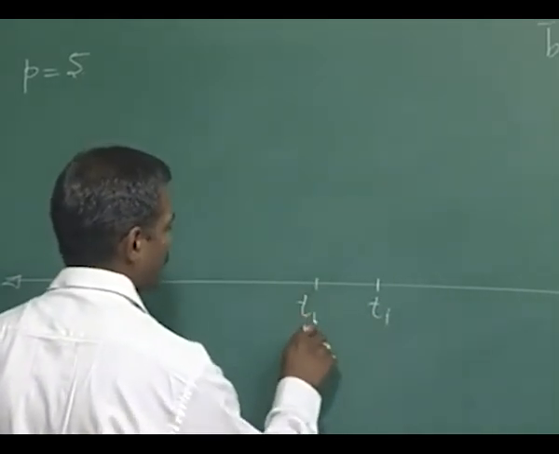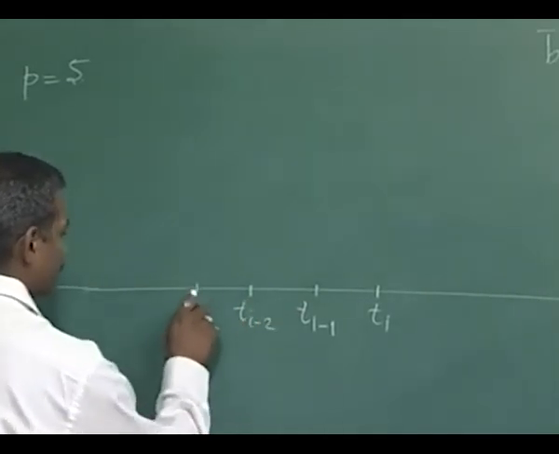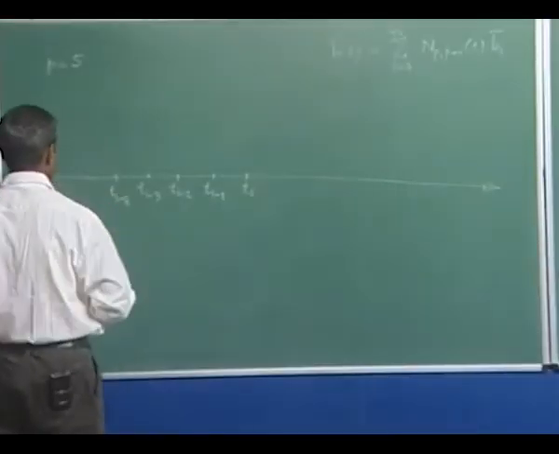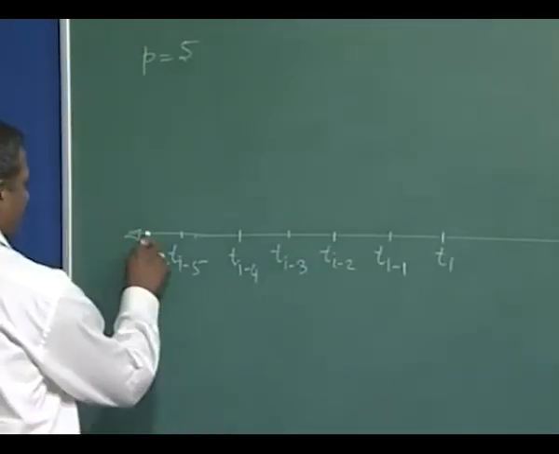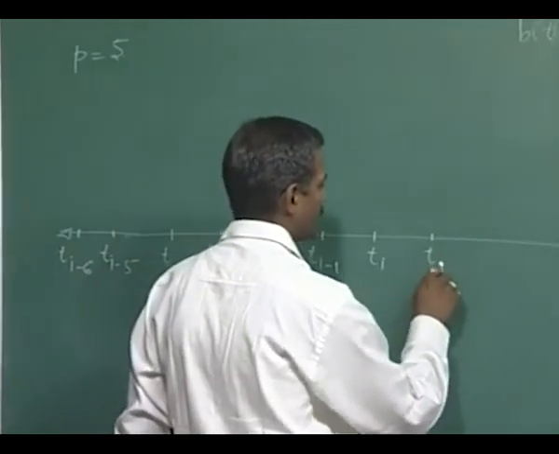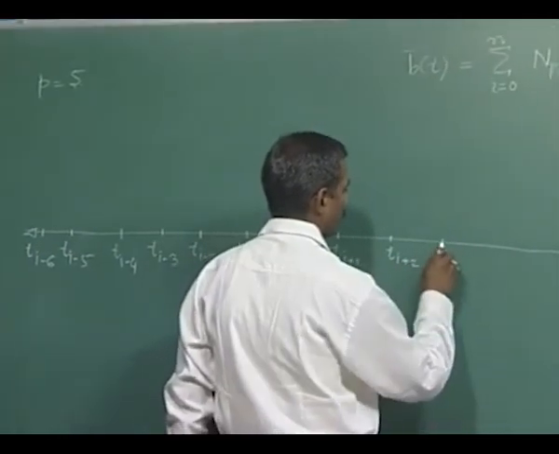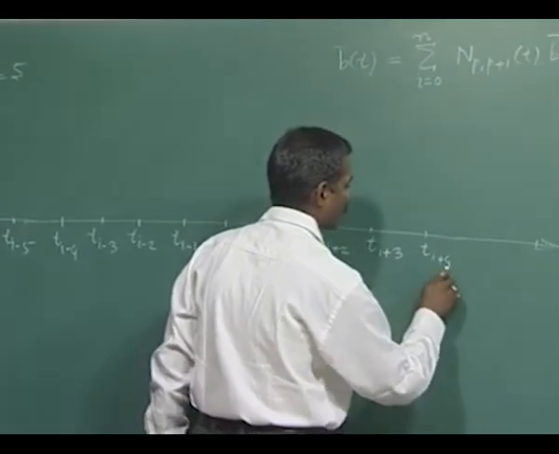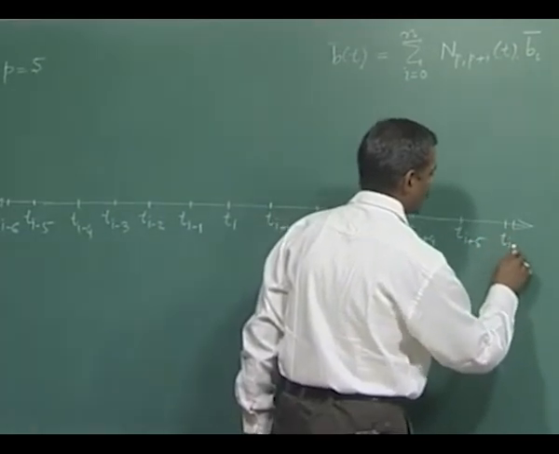To the left, ti minus 1, ti minus 2, ti minus 3, ti minus 4, ti minus 5, maybe ti minus 6, and to the right we have ti plus 1, ti plus 2, ti plus 3, ti plus 4, ti plus 5, ti plus 6.